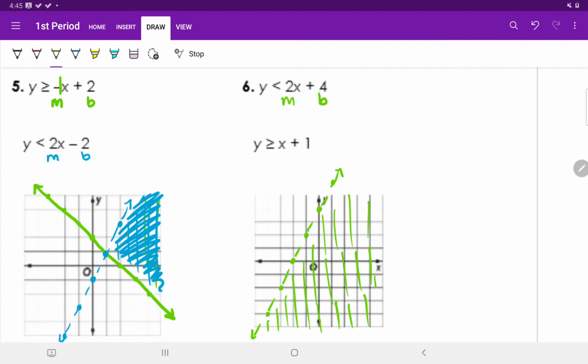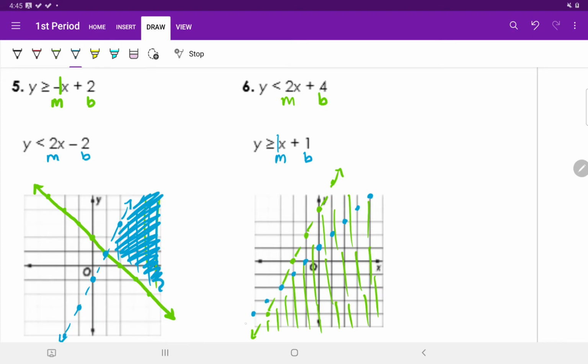So all of this area over here. For our next line, our m is 1 and our b is also 1. So we have a y-intercept of 1 and a slope of positive 1. That'll go up 1 and right 1, then go in the other direction as well.